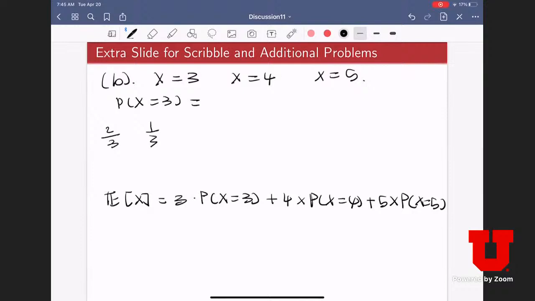So if our number of games is 3, then we should have (2/3) cubed plus (1/3) cubed. All right, and this should give you 1/3.